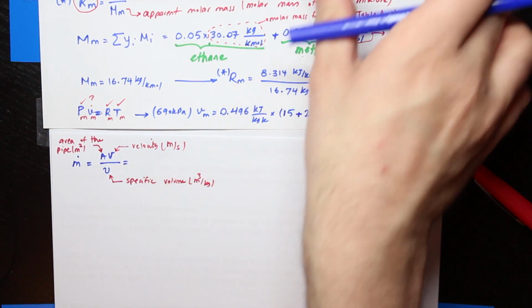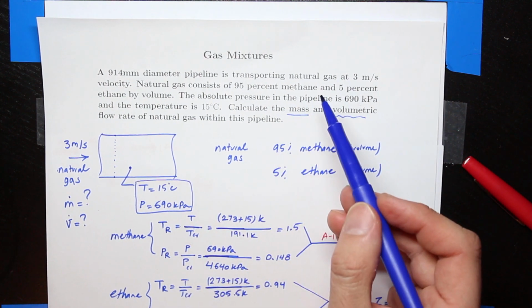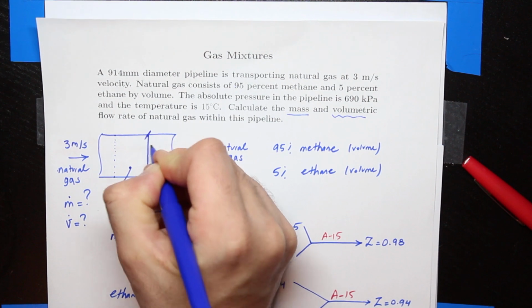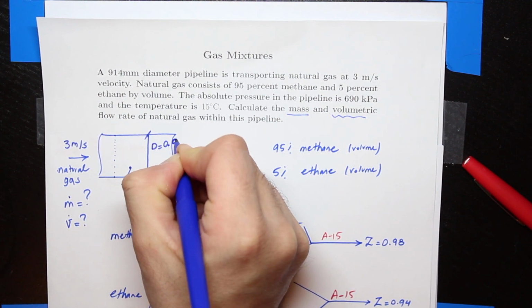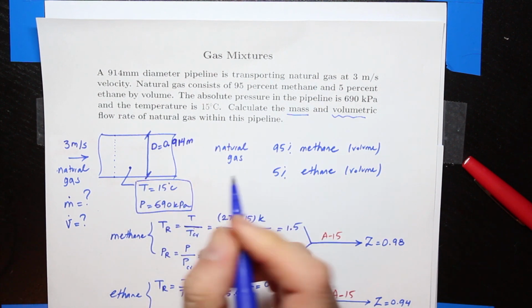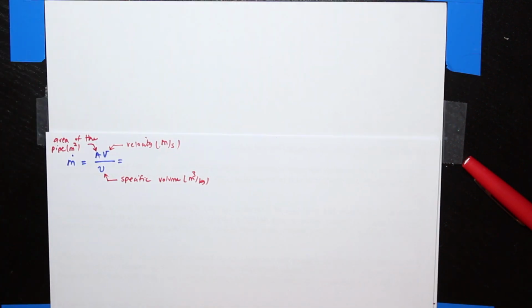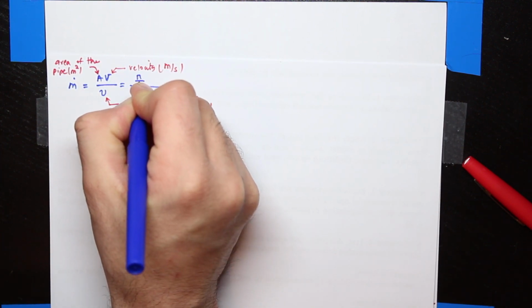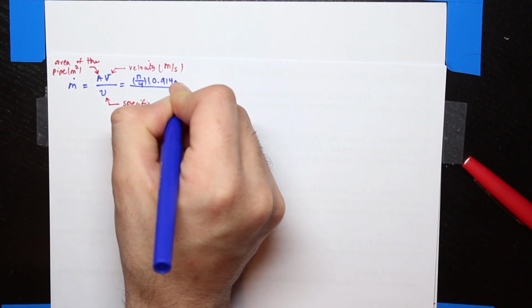All right, so area of the pipe, so I have a pipe here. The diameter is given, so I know what the diameter is. This diameter is equal to 0.914 meter. So based on that, I can calculate the area of the pipe. It's a circle, so it's going to be pi over 4 diameter squared.